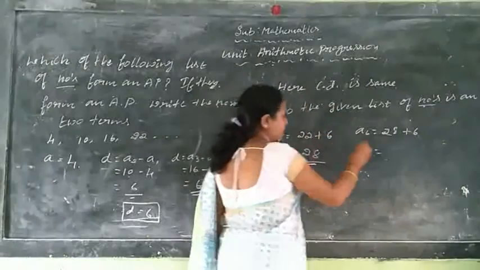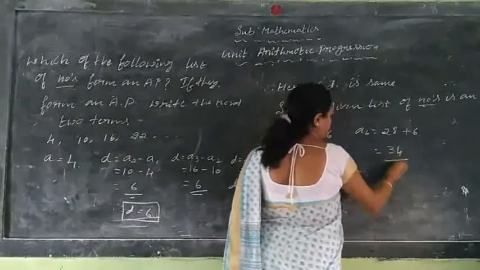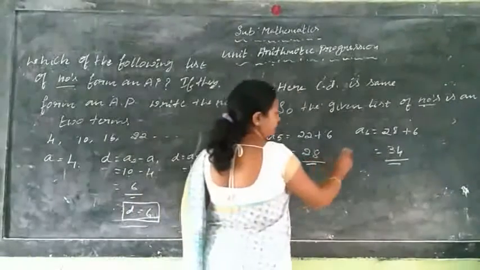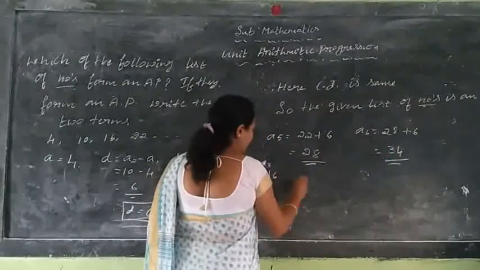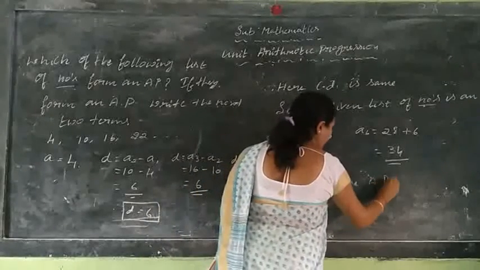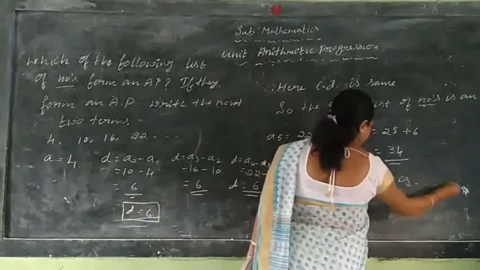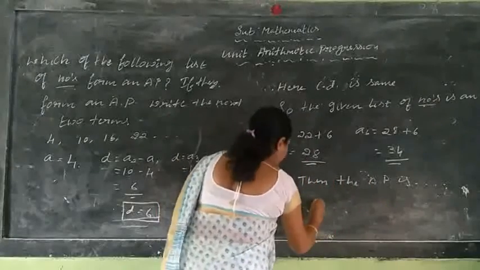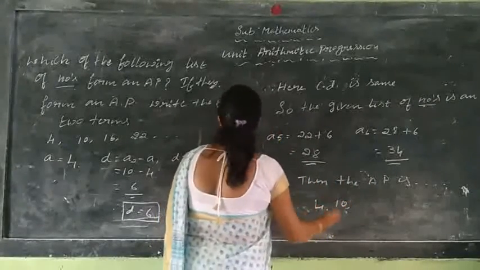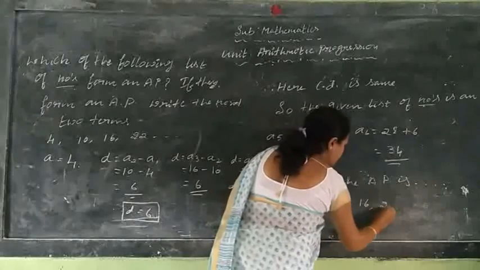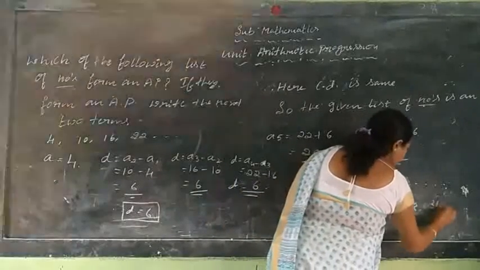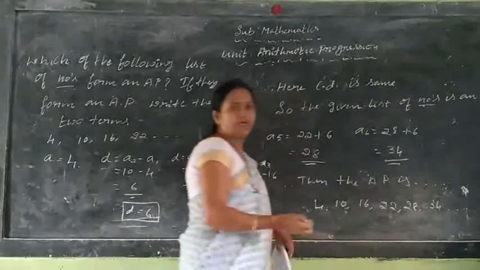Yes, we will get 34. So the next two terms are 28 and 34. Then the AP is, children, 4, 10, 16, 22, 28, 34. Did you understand?